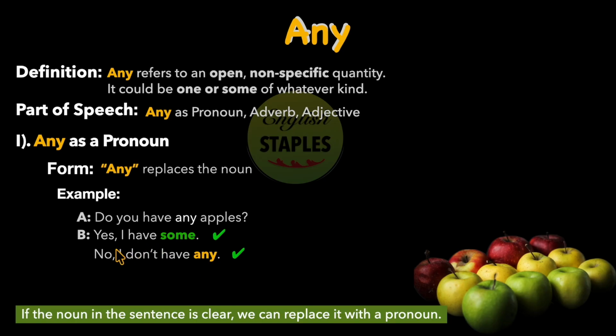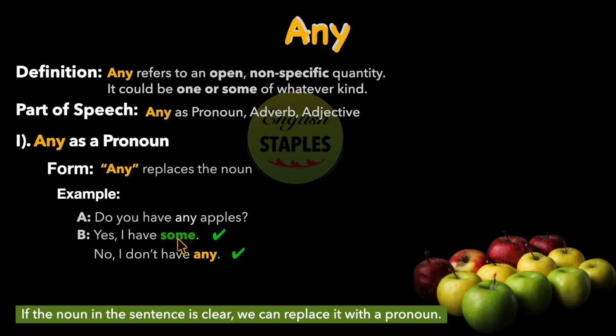The difference here is that in the affirmative response to the question, do you have any apples? The affirmative response says, yes, I have some. So here, some is the pronoun. Instead of saying, yes, I have apples, we say, yes, I have some. So some is replacing the word apples. So some is a pronoun.